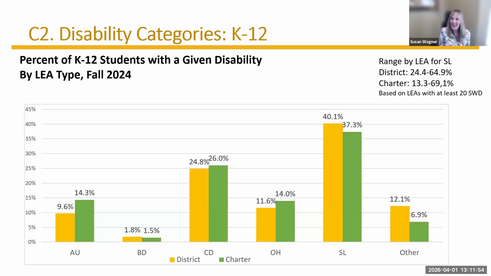The statistician in me wants to dig down further. So what this says is there's a district that identifies 64.9% of its students with disabilities with a specific learning disability. Another one identifies 24.4% of their students with an SLD, and a similar range for charters. So once again, that doesn't necessarily mean anyone's doing something wrong. It's just curious.